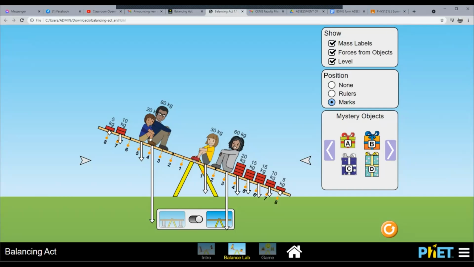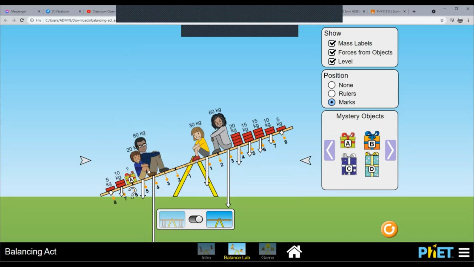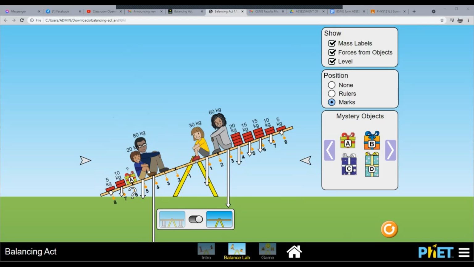So we have this condition, and you would notice that when we add this box on the other side, this happens. In your analysis, what would be the amount of the load or the magnitude of the load in this mystery object?